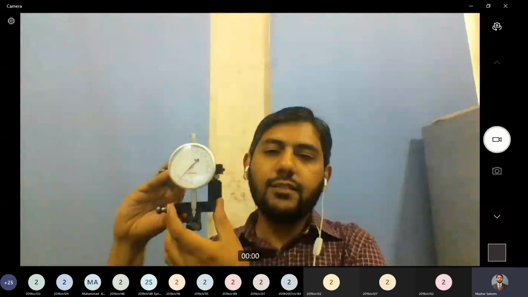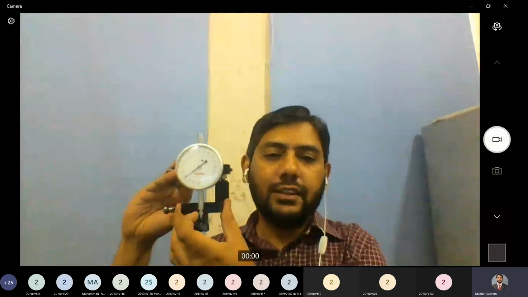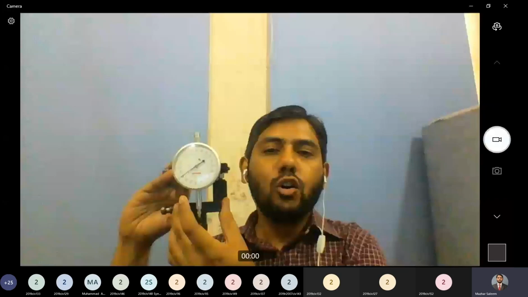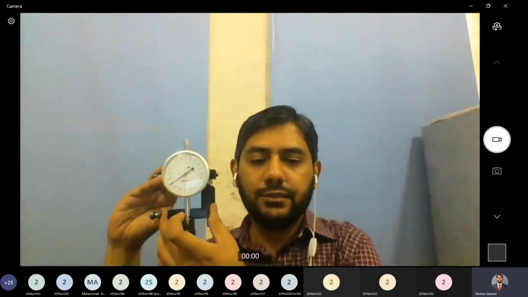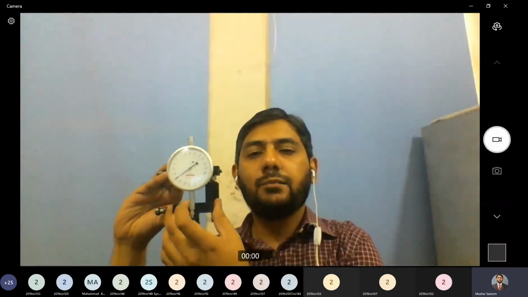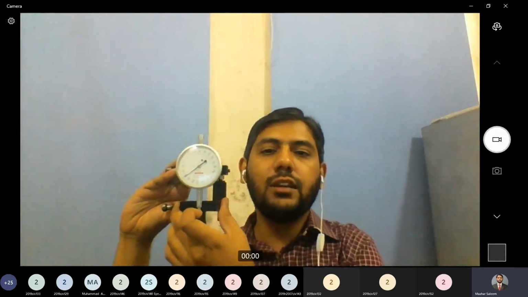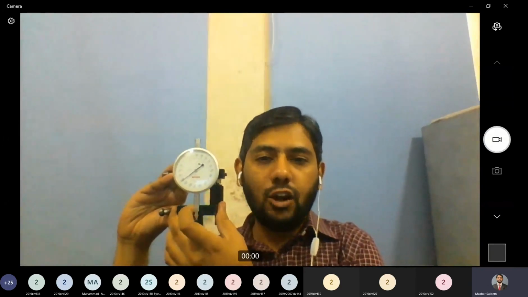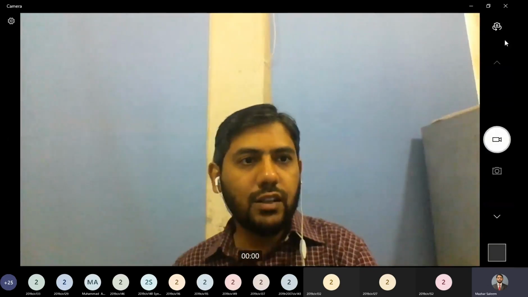What this device is used for, this is used to measure extension, elongation, or shortening in any steel bar or any similar type of testing specimen. It can measure elongation as well as shortening, but in our case, we will be using it to measure elongation. Now, let me show you this using the other camera.